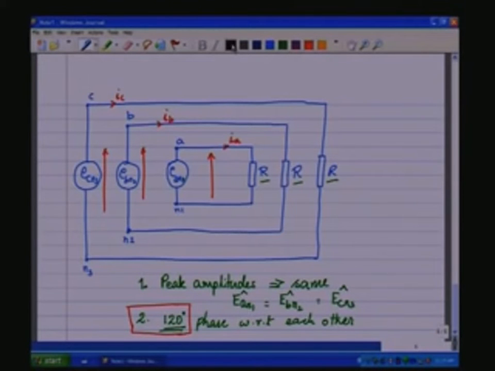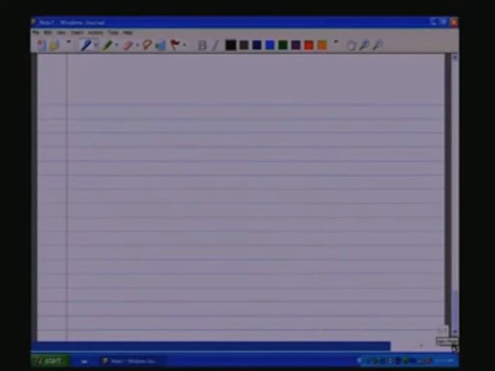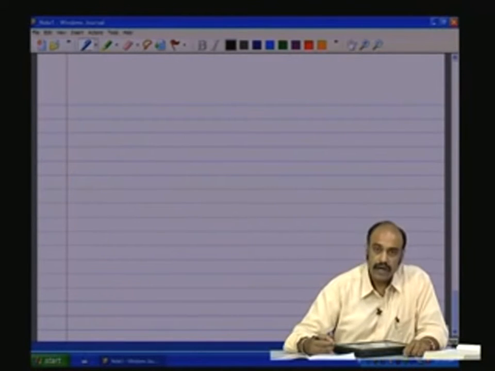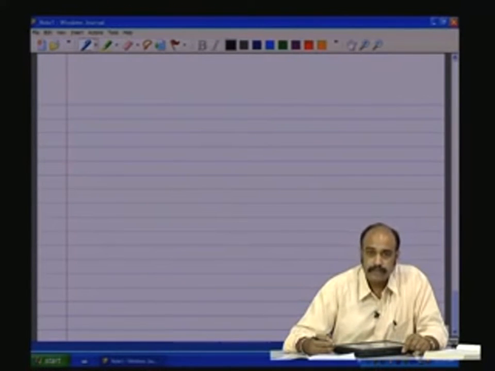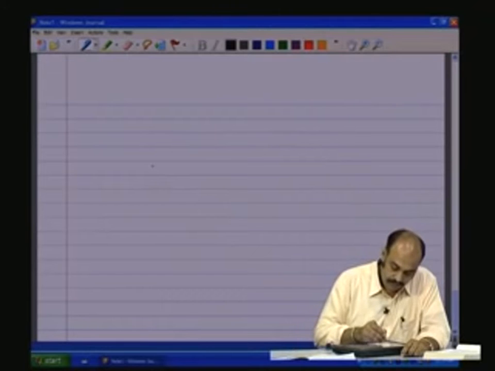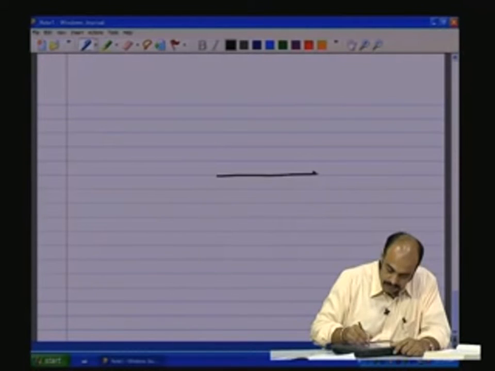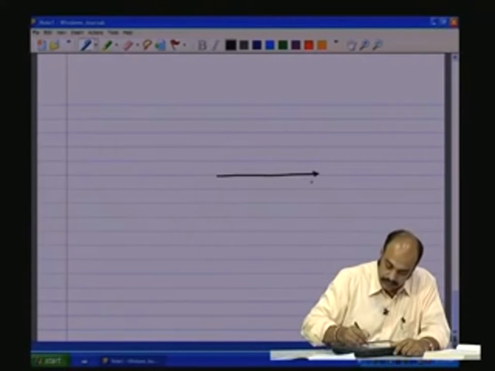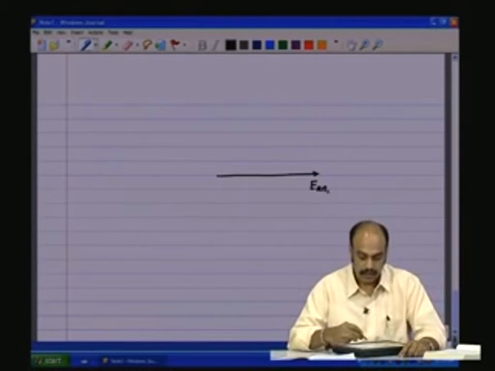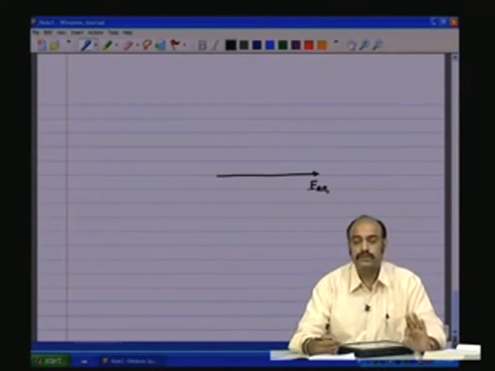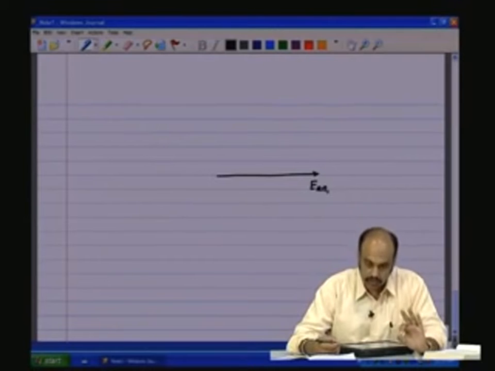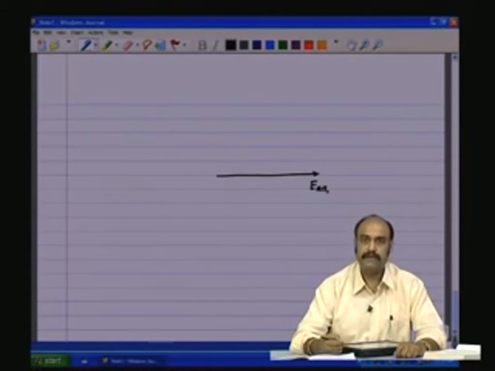So, if such a thing is applied, what happens to the phasor diagram? You see, now let me have the RMS value of the E A N 1 source taken as the reference.